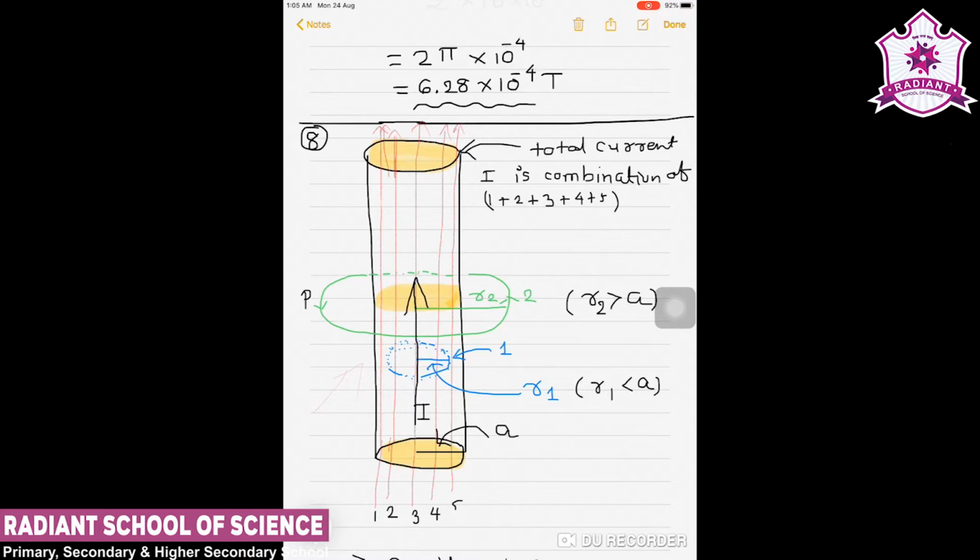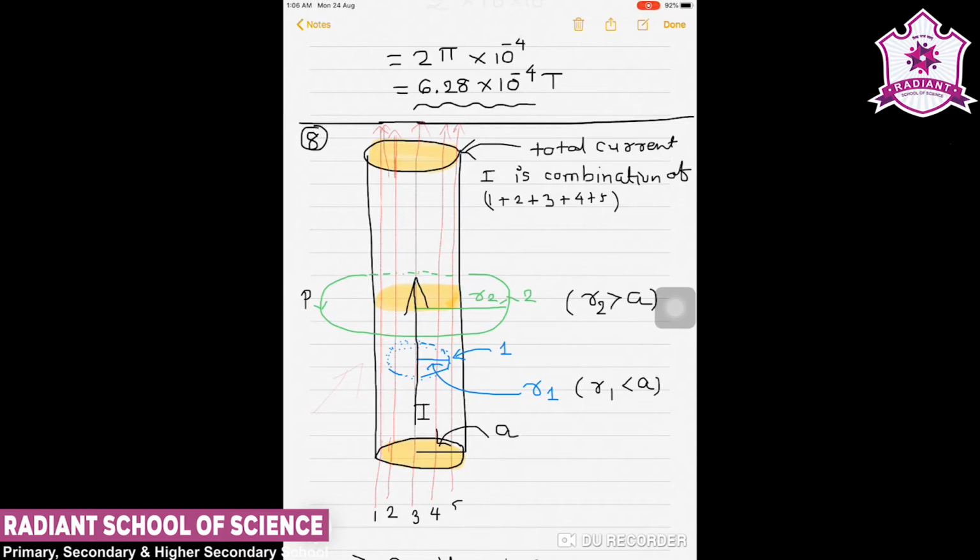We consider that it is of infinite length. So the length of the wire is considered very long, straight, say infinite. Again I repeat, infinite means the length of the wire is very big in comparison with the radius of the cross section of the wire.